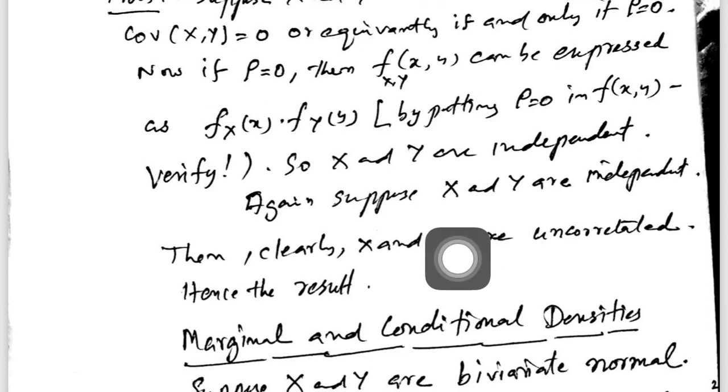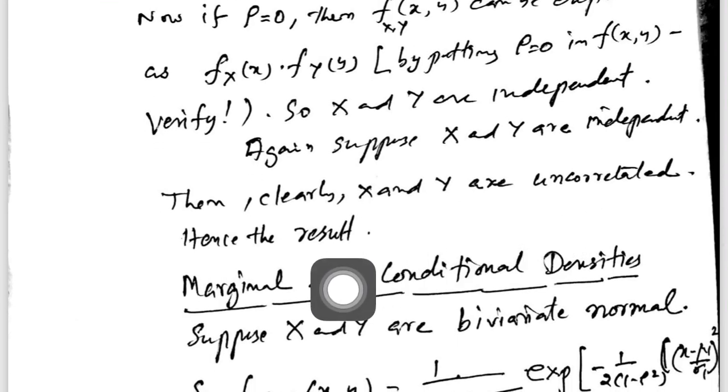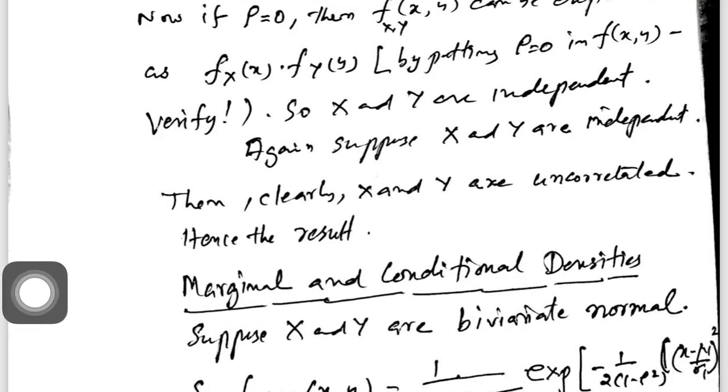It is not special to the bivariate normal distribution. And if covariance is equal to 0, then correlation is also equal to 0. So the converse part is true for any joint distribution for x and y. But the first part is not so. It is specifically for the bivariate normal distribution.